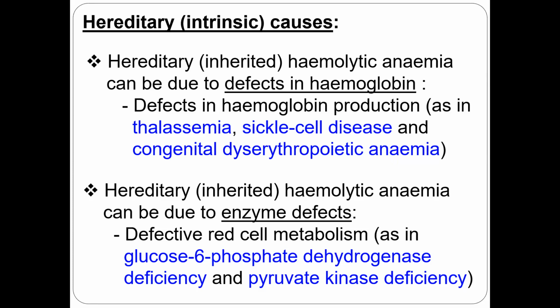So these two enzyme deficiencies can lead to hemolysis of the red blood cell. So under inherited, we have looked at defects in the membrane, defects in hemoglobin, defects in enzymes, and all these are at the same time intrinsic because they are conditions that are within the red cell causing them to be hemolyzed.